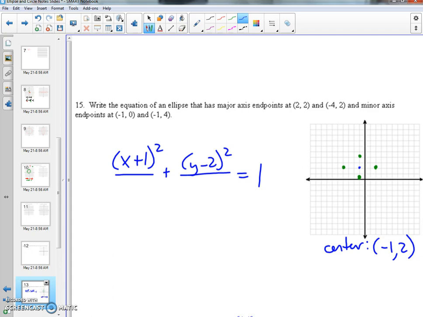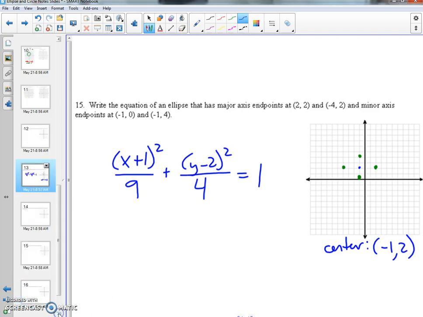Then I look from the center to the left or the right, which is 3 spaces, so this would be over 9. From the center up and down, it's 2 spaces, so 2 squared is 4. That would be my equation there. All right, I'll leave the other ellipse ones there for you to try.